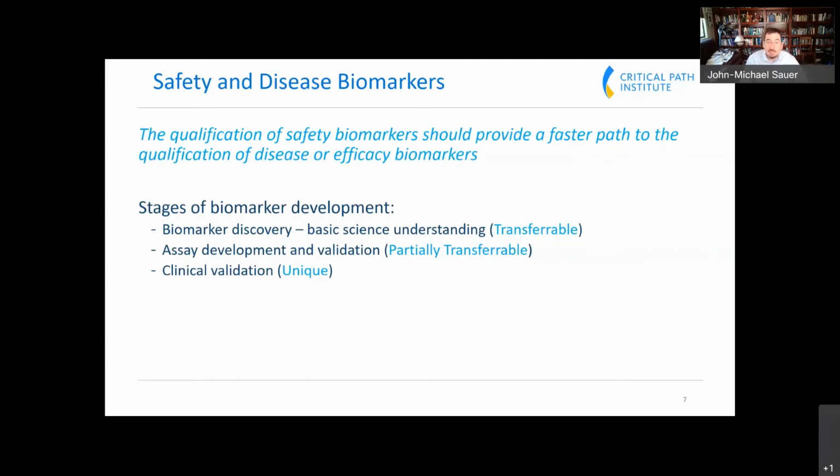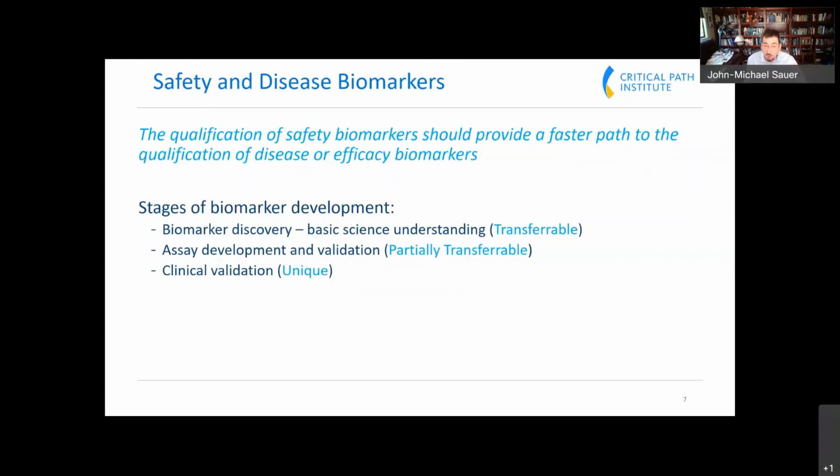It may need to be further updated for how we're going to use that biomarker, but we can talk about that in a second. Now, the clinical validation is probably going to be completely different. It's going to be unique between safety and disease because we're using a different patient population, and we're going to have to understand how that biomarker is behaving in those two patient populations. Even with safety biomarkers, we have to do this work, right?